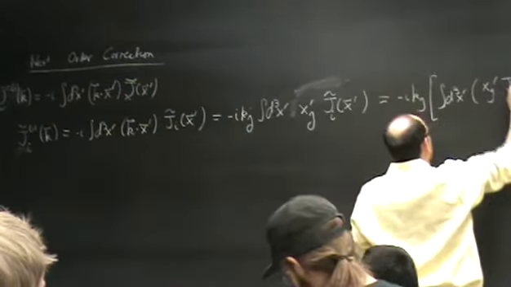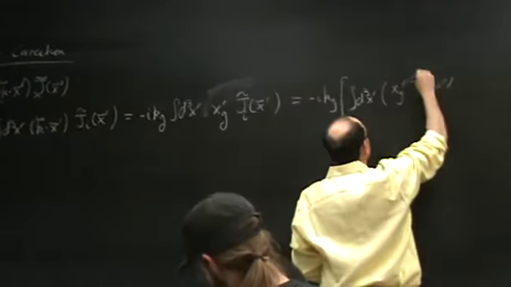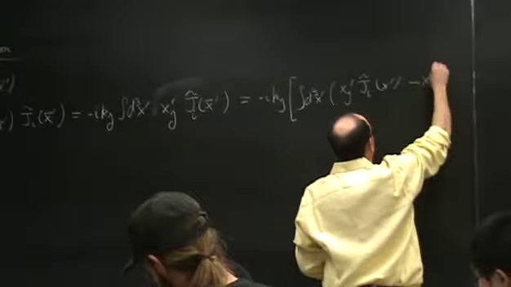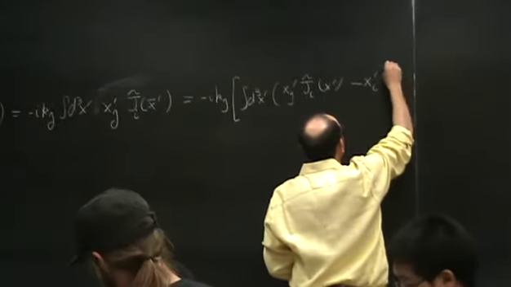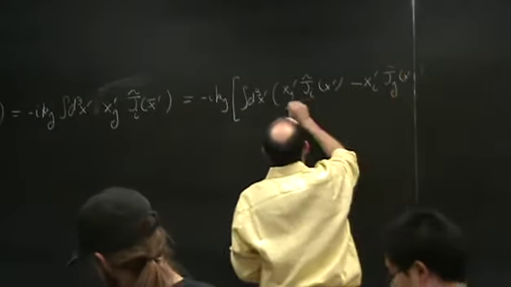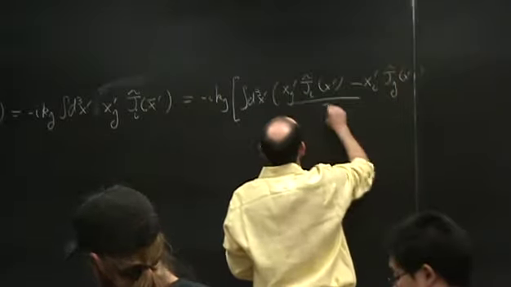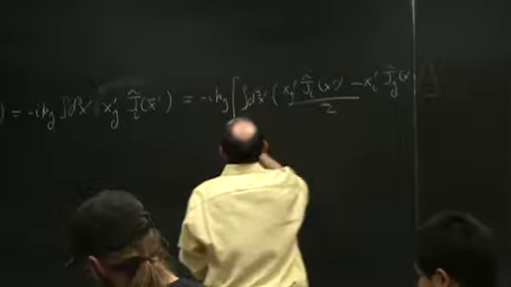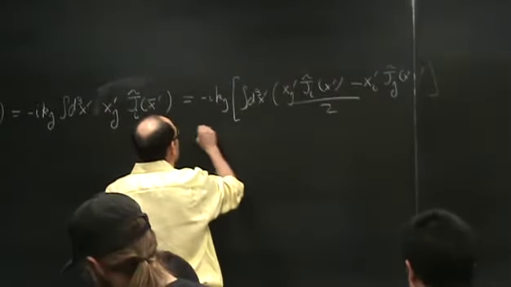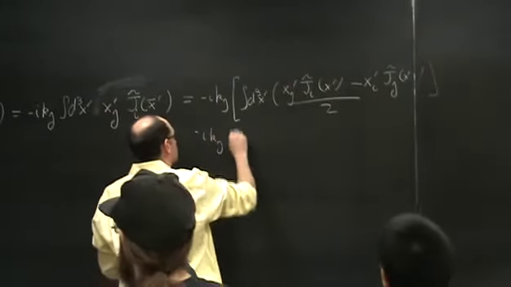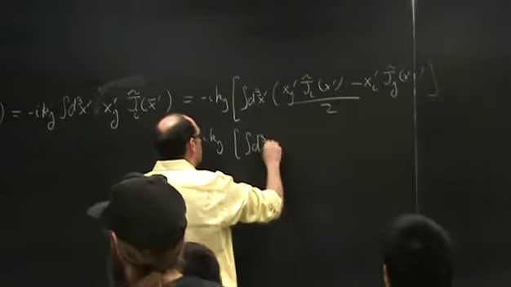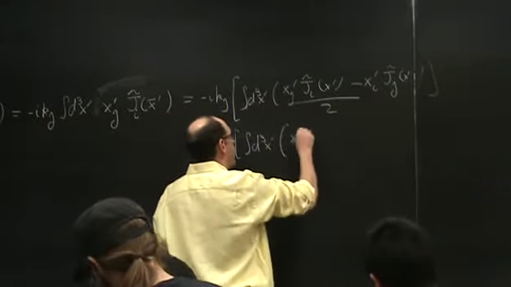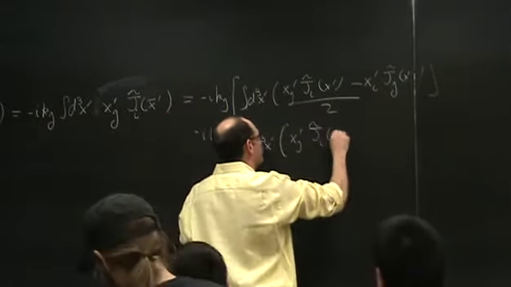x_j x prime minus the ith component, the jth component, over 2, and the symmetric piece.